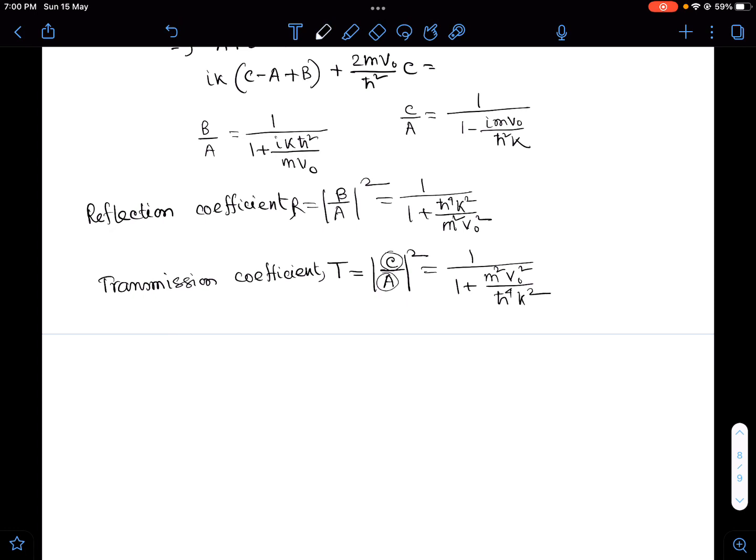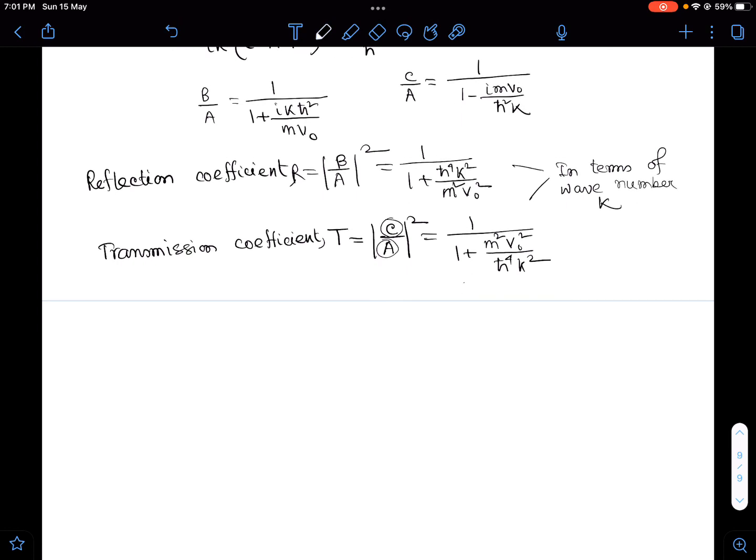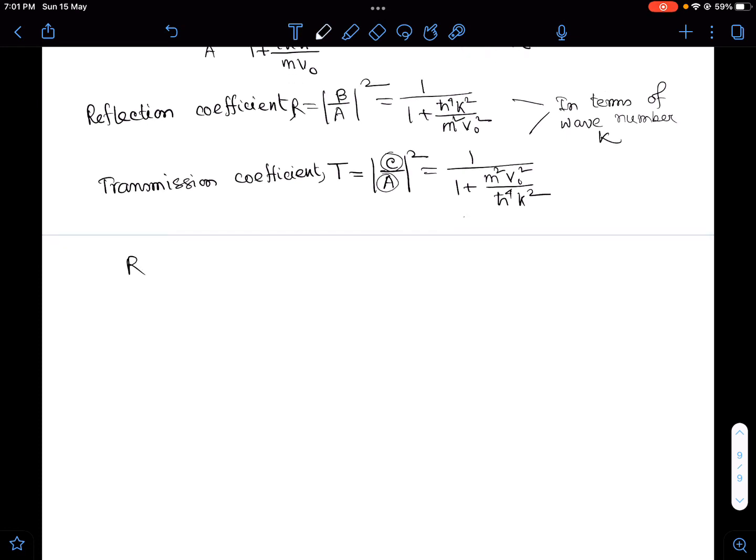This is the reflection and transmission coefficient in terms of the wave number. Now we can express this in terms of our energy. So R will be 1 by 1 plus 2 h cut square E by m V0 squared, and the transmission coefficient is 1 by 1 plus m V0 squared by 2 E h cut squared.